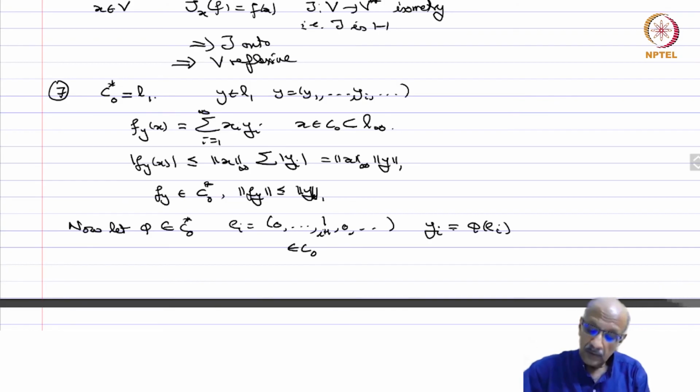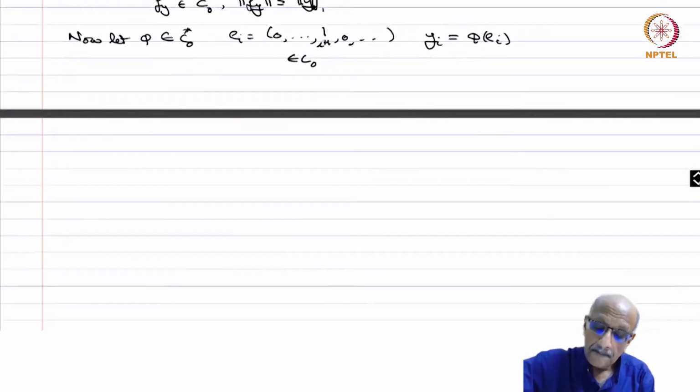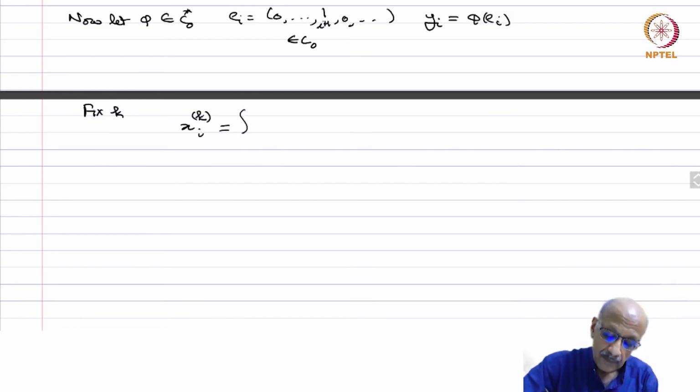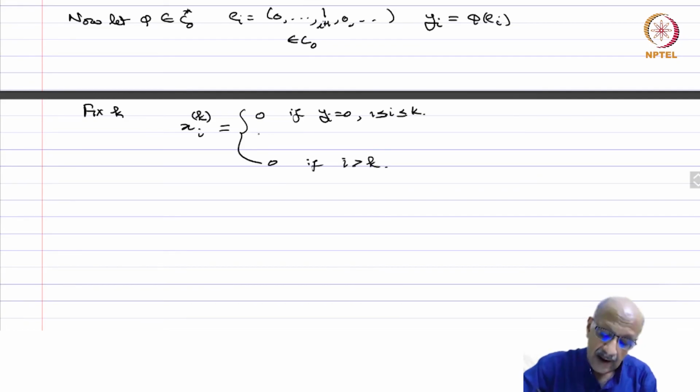Okay. So now you fix a positive integer k, and you define xk, its ith component, to be 0 if yi equals 0, for 1 less than or equal to i less than or equal to k, 0 if i is bigger than k, and yi by mod yi if yi is not 0, for 1 less than or equal to i less than or equal to k.